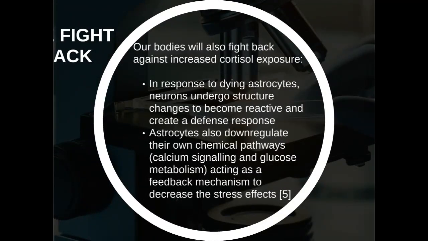And so, as I said, the body will, of course, fight back. So in response to these dying astrocytes, the neurons are going to undergo a lot of structural changes to become reactive and create their defense response. If you remember back in the beginning, astrocytes are paired very closely with this very common cell in our brains called neurons.